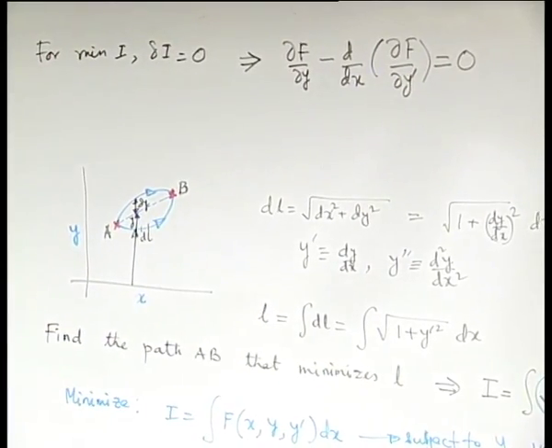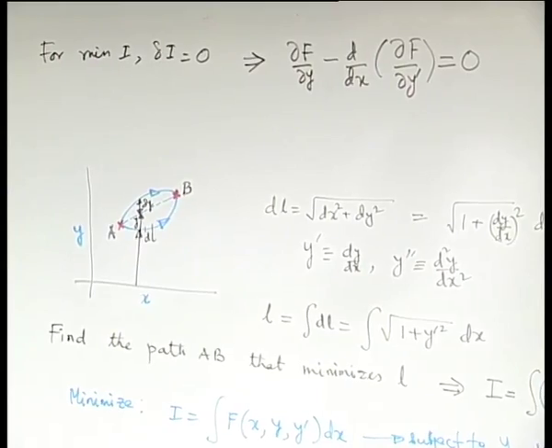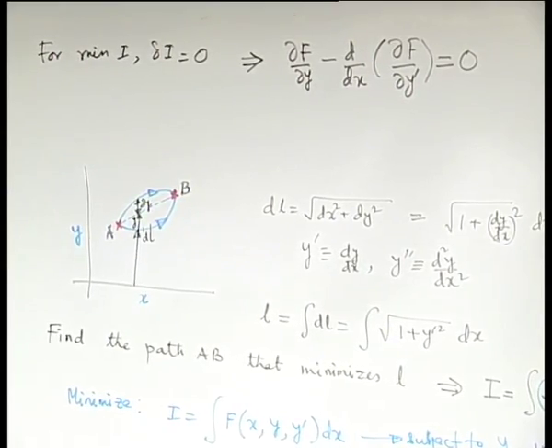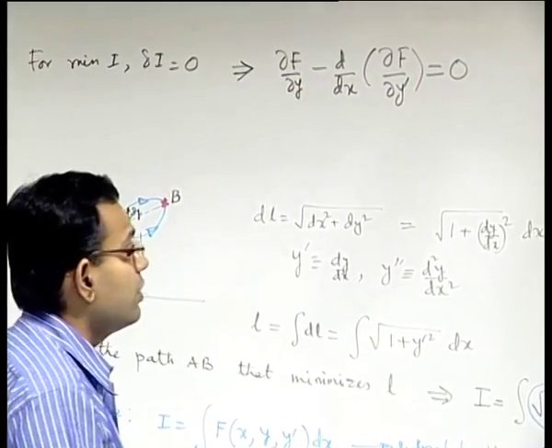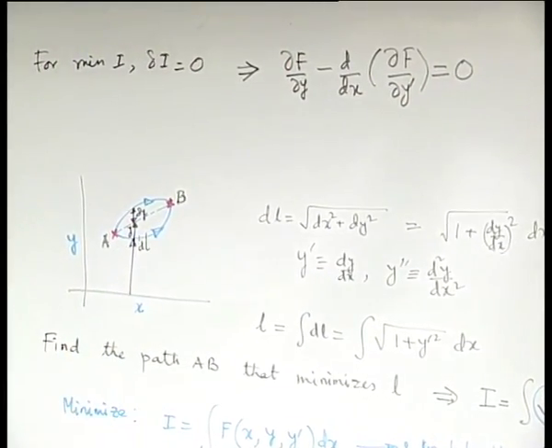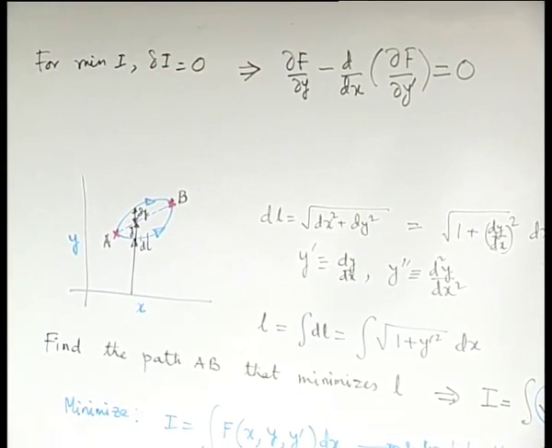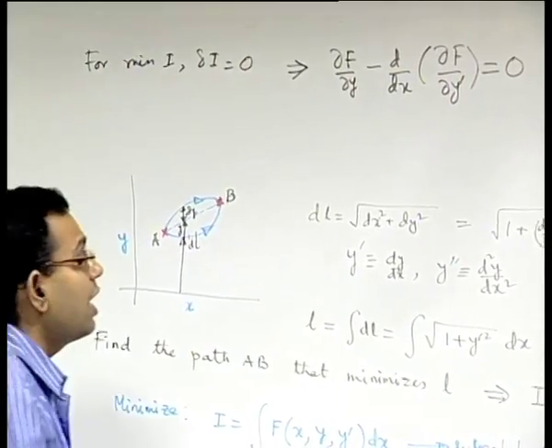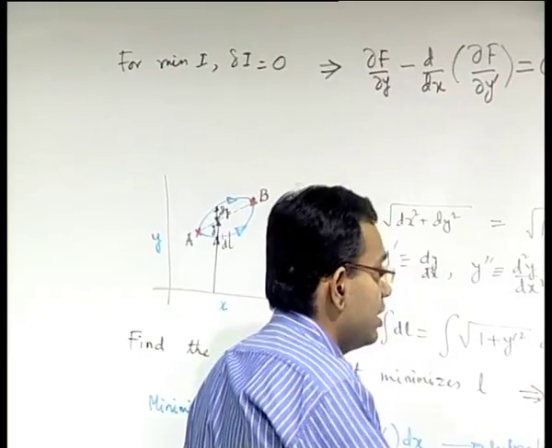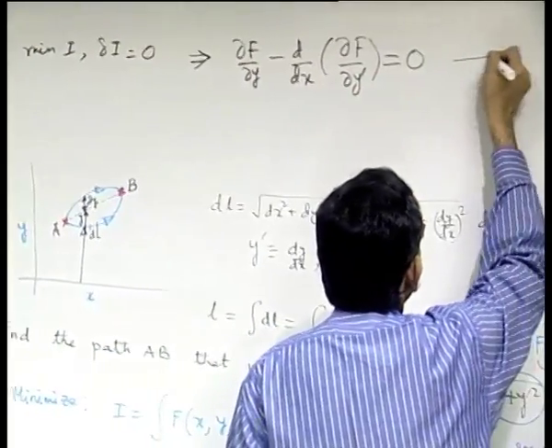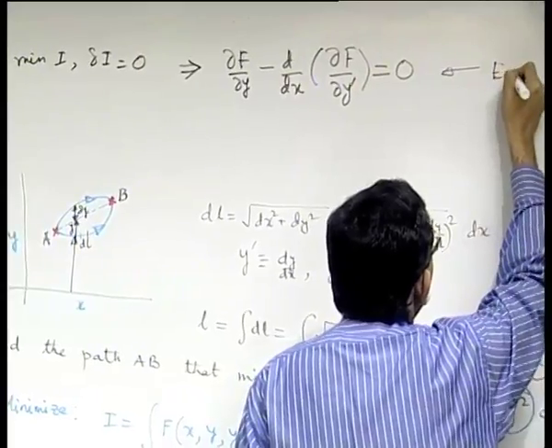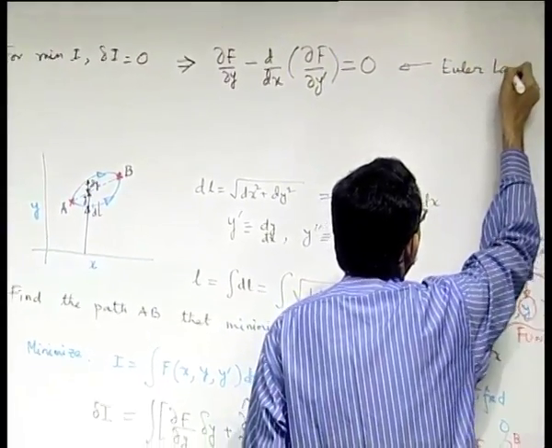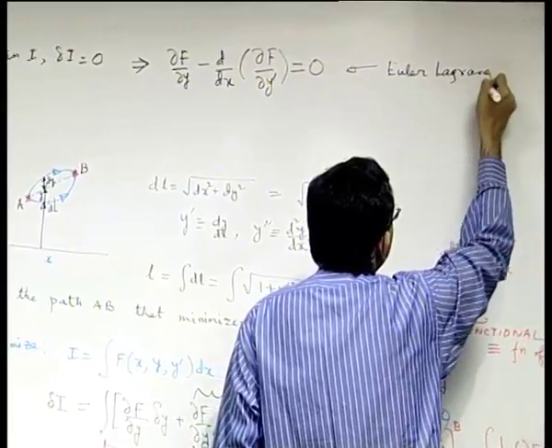Right. So, this equation is known as one of the constraining conditions for extremization of this functional and integral of this functional, and this is known as the Euler-Lagrange equation.